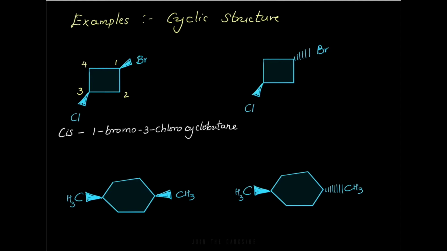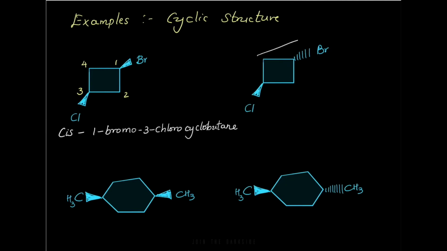Okay, now let's go ahead and do the next one. So here there is a broken wedge bond. Whenever you have a broken wedge bond, it means that that particular atom is actually pointing away from you. While Cl is pointing towards you, Br is actually pointing away from you. So they are in opposite directions. When you have opposite directions, then you always put a trans in front of it.